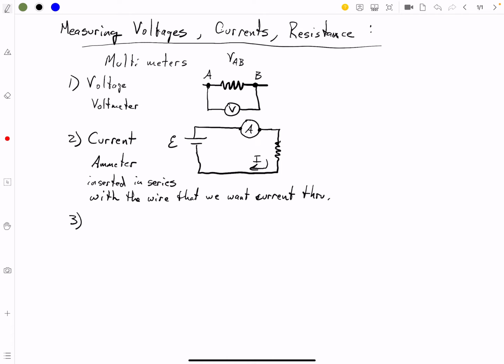You want to measure the resistance. You do the same thing as you would in a voltmeter, but here's what happens. You've got your meter here. You've got it set for resistance.